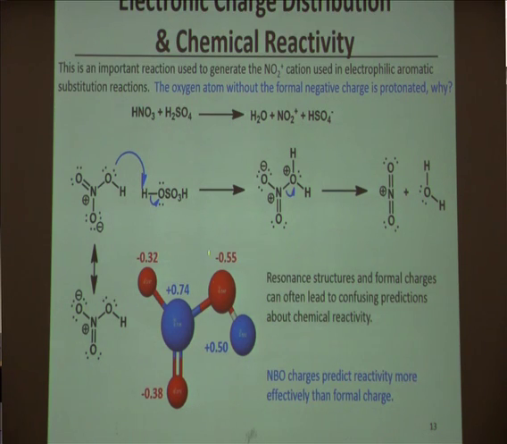The reason it's more negative is because it's attached to a hydrogen already. The hydrogen is positive, the oxygen is negative. It is then more basic or more able to pick up the extra hydrogen from the sulfuric acid. Conveniently, this forms a water leaving group that can then leave and make the NO2 plus cation.